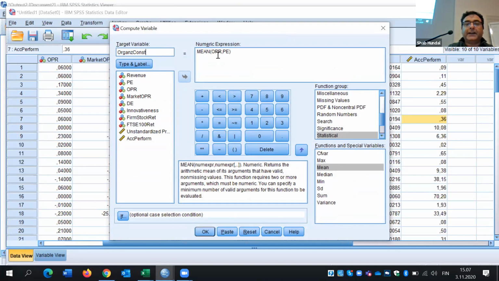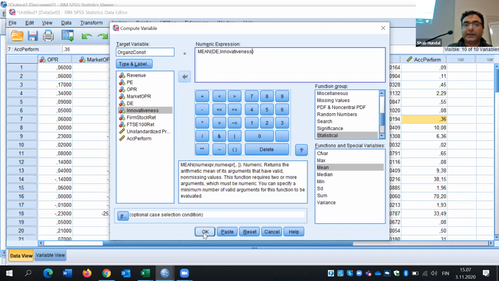And here I take the average of D to E, because that's what it says, D to E. And the second variable was innovativeness, and I take innovativeness here. So 2 variables, D to E and innovativeness, make 1 organizational construct.